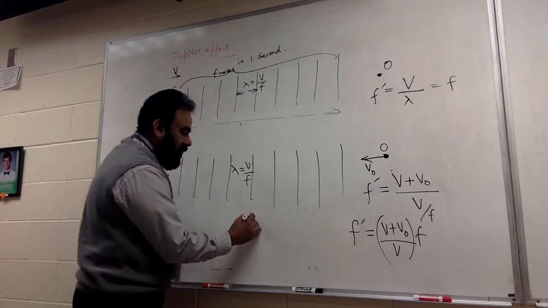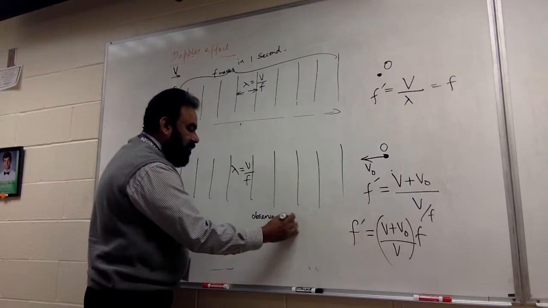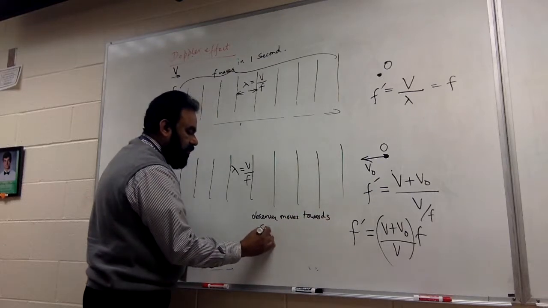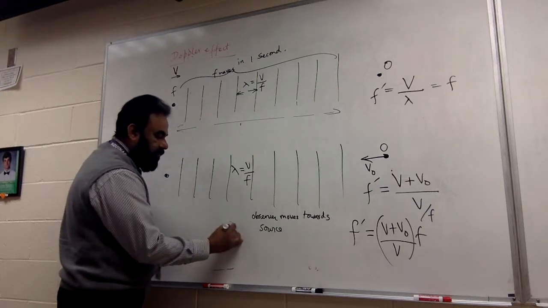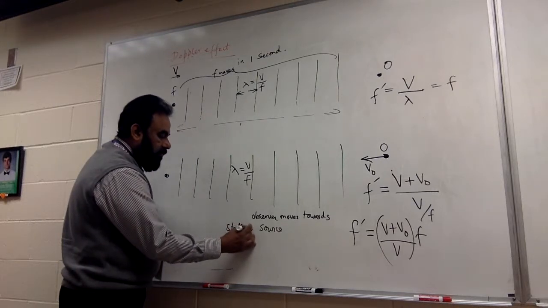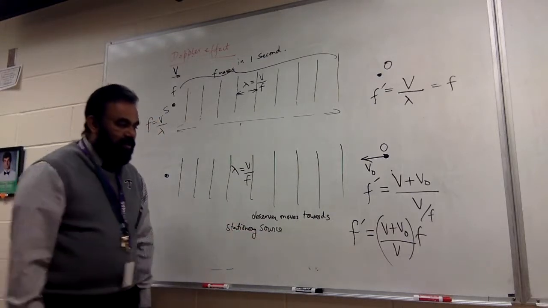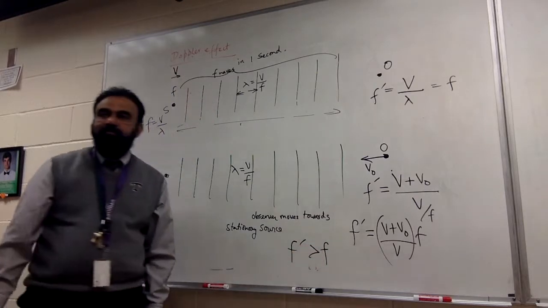So right down here: observer moves towards stationary source. The frequency F prime is going to be higher than F.